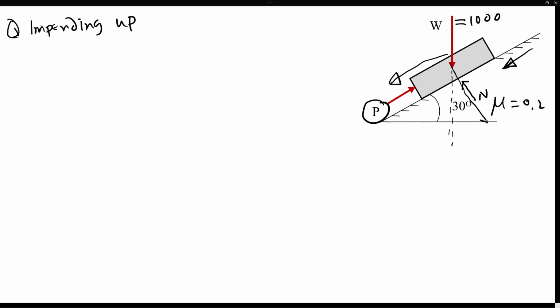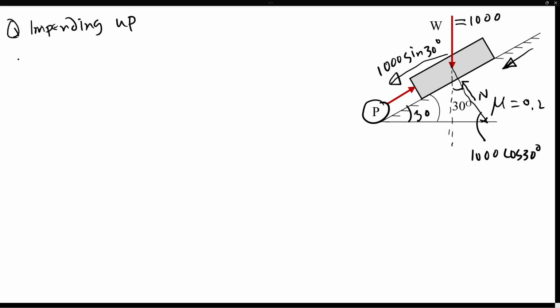If this is 30 degrees, the perpendicular component would be 1,000 cosine 30 degrees, and the parallel to the surface will be 1,000 sine 30 degrees. So impending up, while it's trying to go up, it is still static just to initiate the motion.